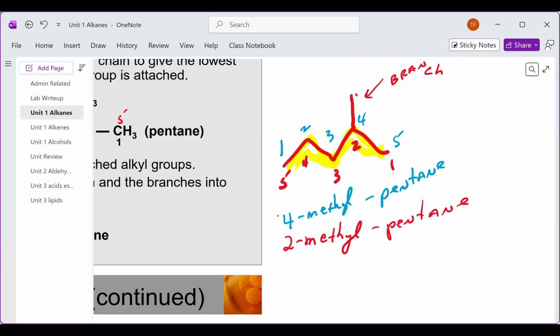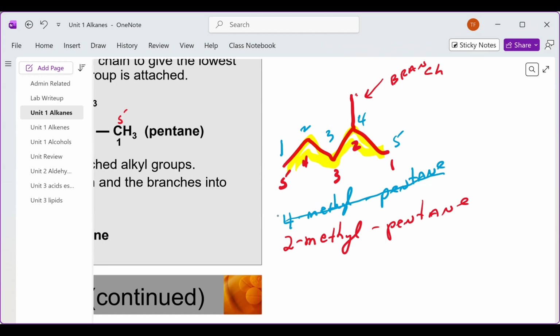Now, which is smaller? This is a tough one. Well, the 2 is smaller, right? 2 is smaller than 4. So we always go with the smaller one. So the correct name is 2-methylpentane.